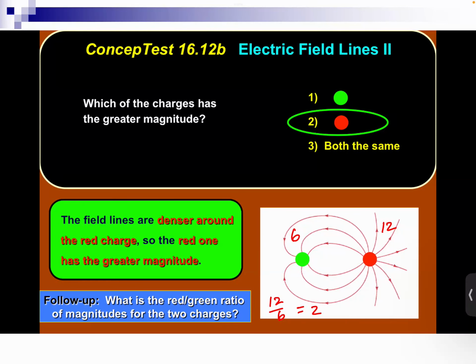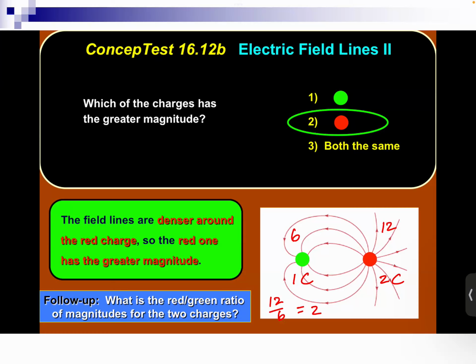So if the red charge is, for example, 2 coulombs, then the green charge should have a charge of 1 coulomb. So the ratio of electric field lines to the charge has a 1-to-1 correlation. Relatively straightforward so far, I hope.